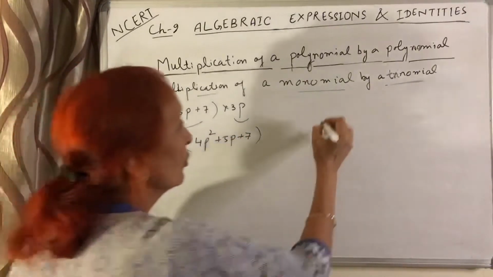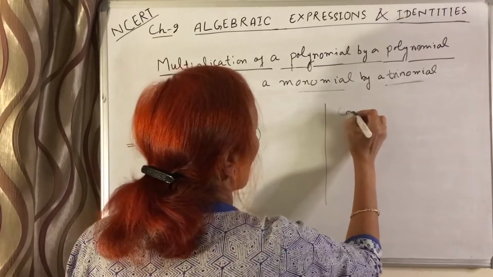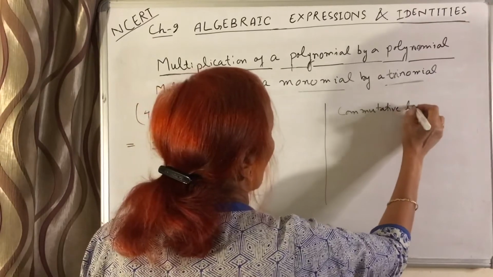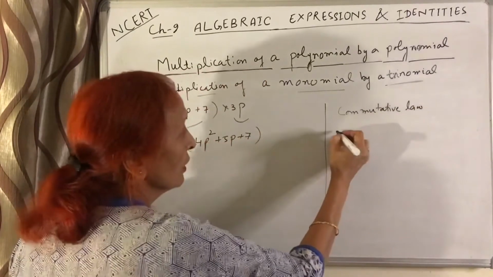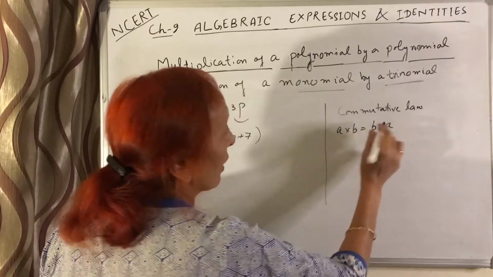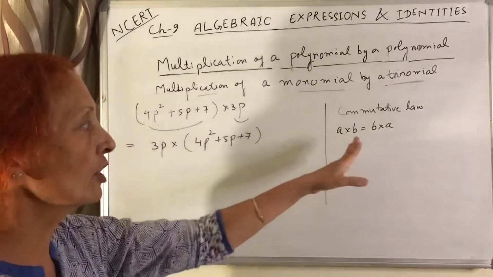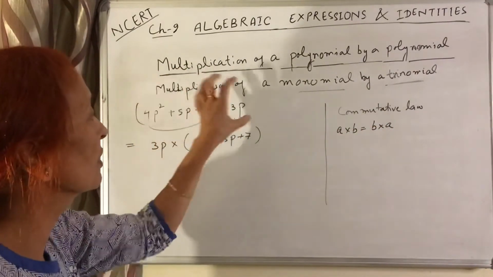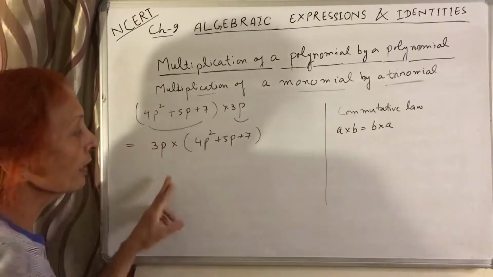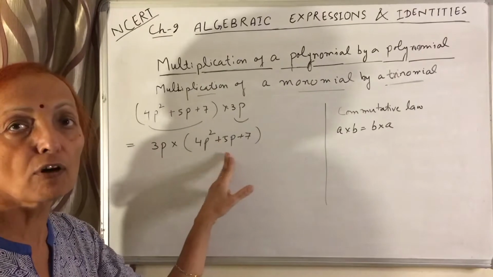How? Using the commutative law of numbers, which says a into b I can write as ba. I can interchange the numbers. This is one number, this is one number.